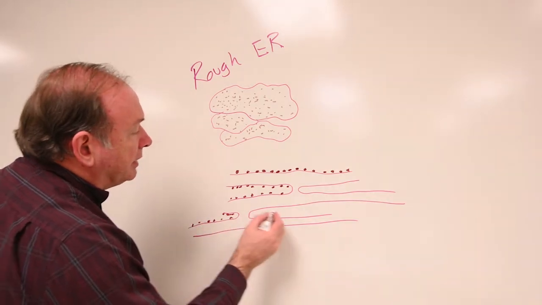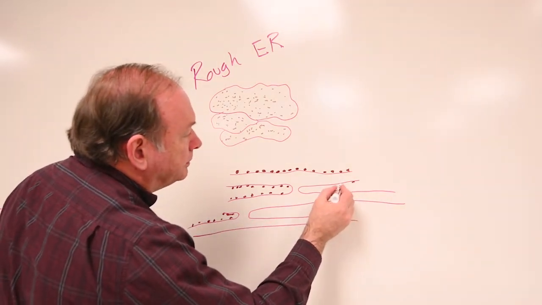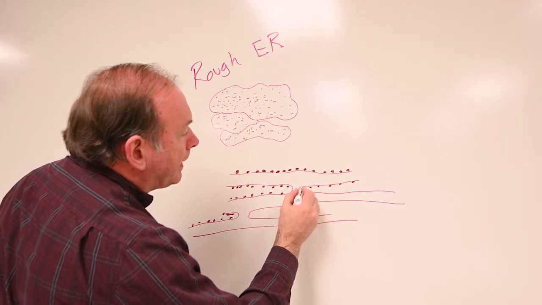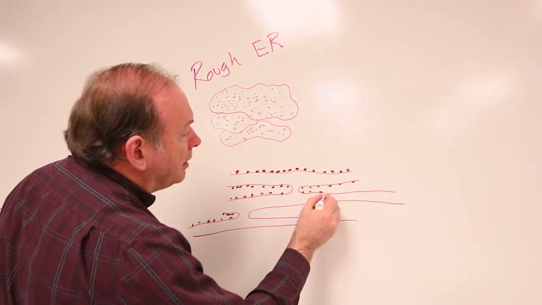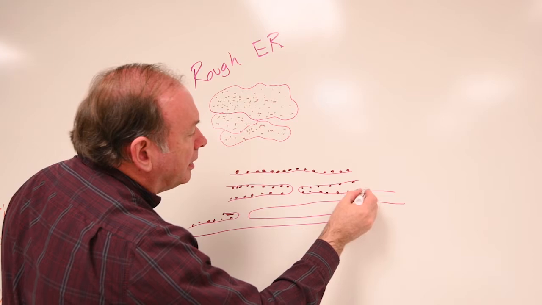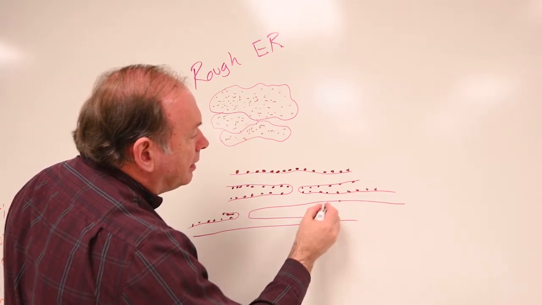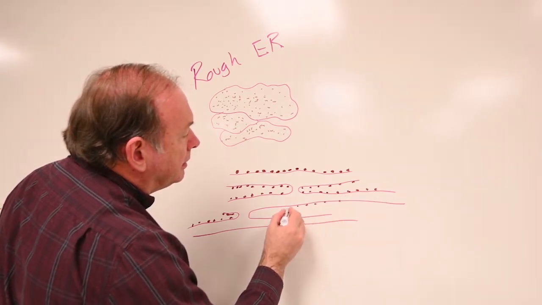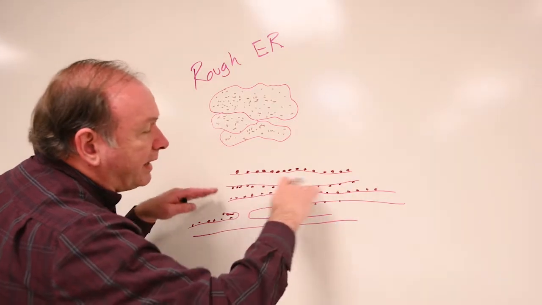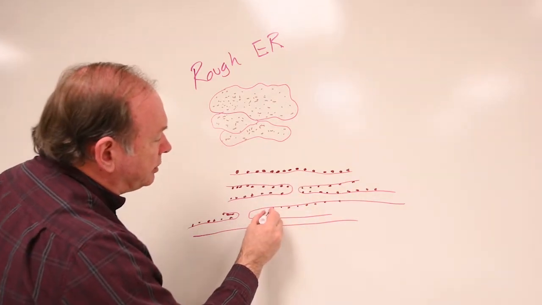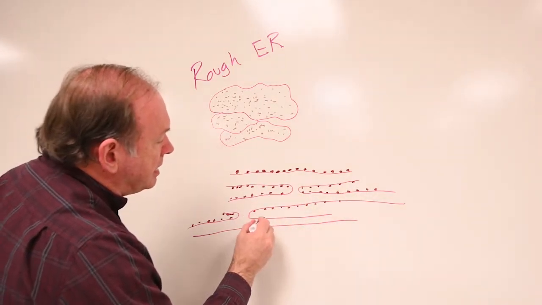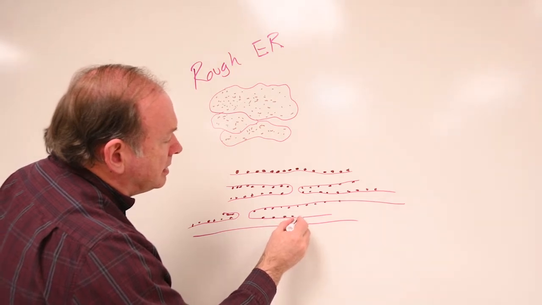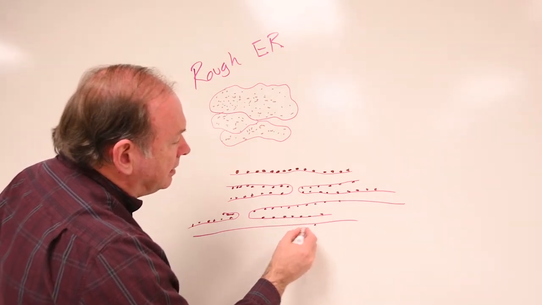The little brown dots represent ribosomes. So these are like broad, flat sheets, kind of potato chip-like. But they're connected.